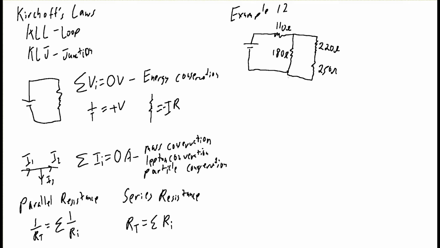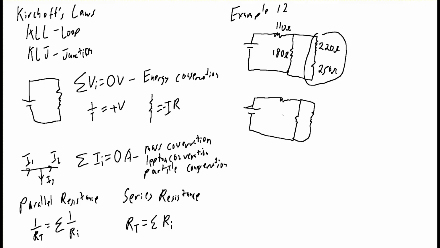Well, the first thing we need to do is take care of these guys. These guys are in series. The series rule says that we add them together and get our total. So that means that we now have a battery, resistor, down, resistor, down, over, back, and over and down, resistor.